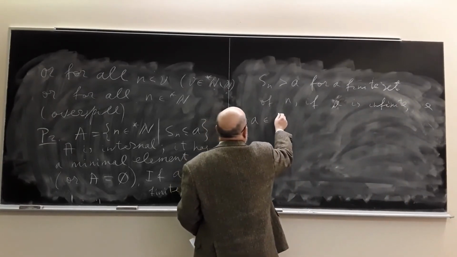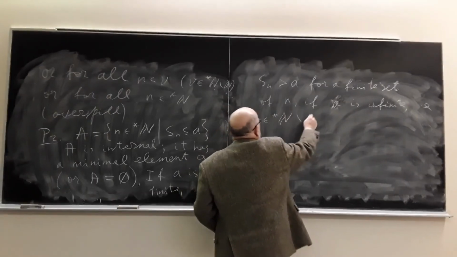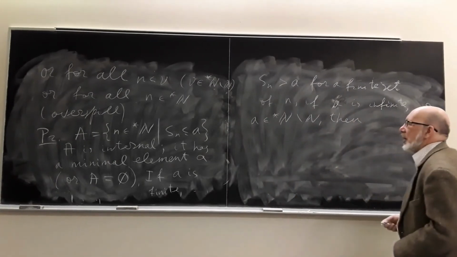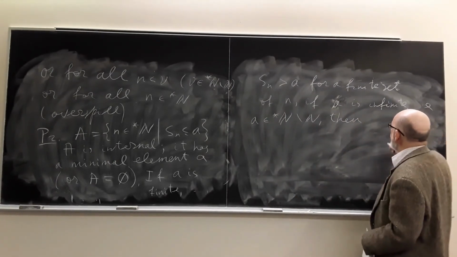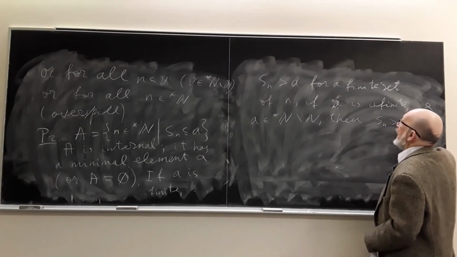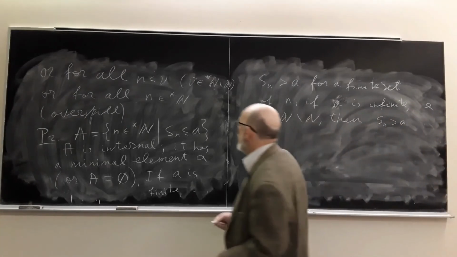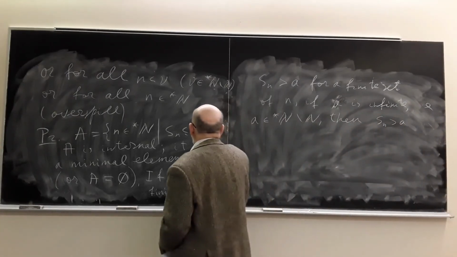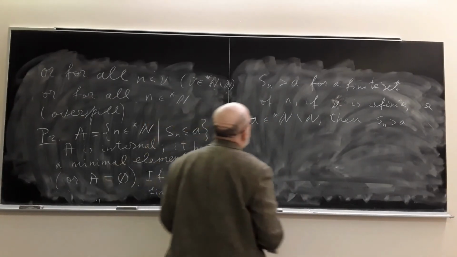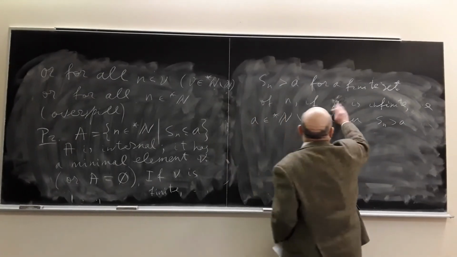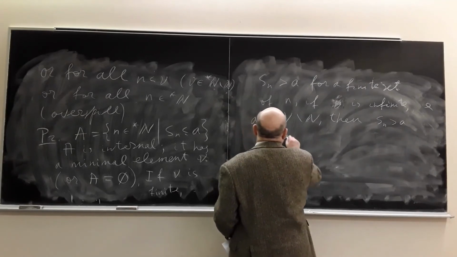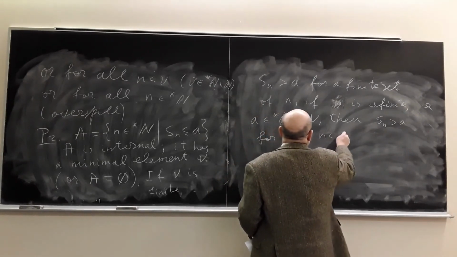in star N minus N, then we have overspill. This means Sn more than A for all n less than nu.